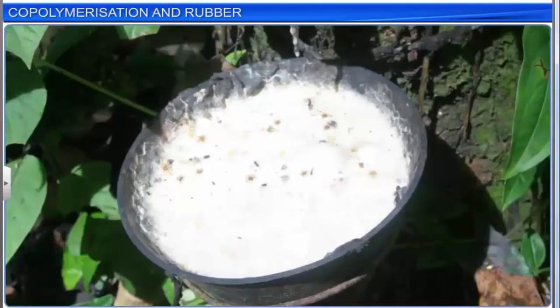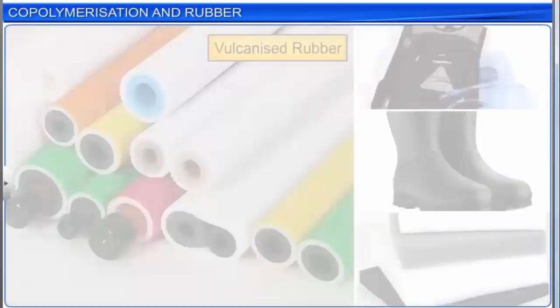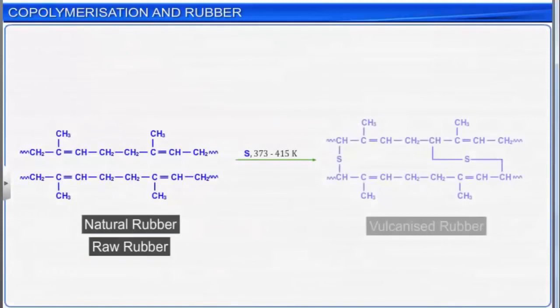Hence, to improve the physical properties of natural rubber, a process called vulcanization is employed. Most rubber used today is vulcanized rubber. To vulcanize rubber, raw rubber is mixed with sulfur and heated between 373 and 415 degrees Kelvin.